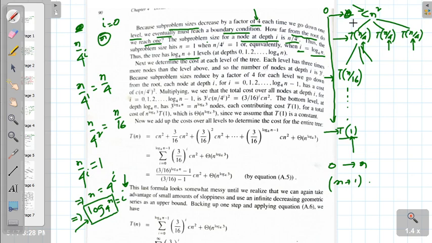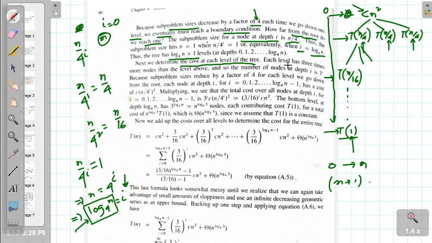So this is one thing. And another thing, our job is still not over. Next we determine the cost at each level of the tree.